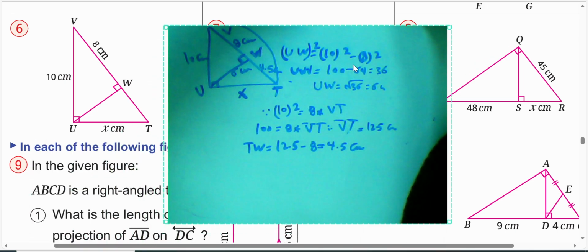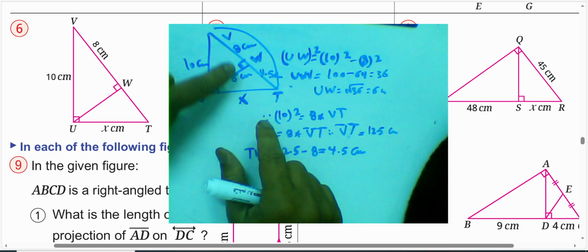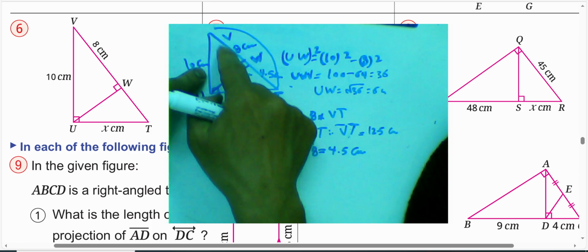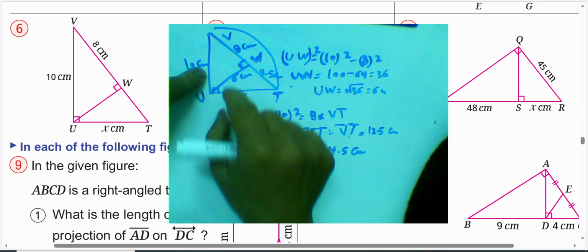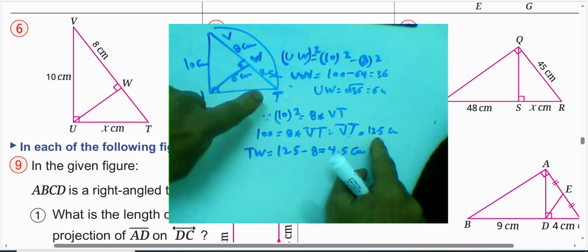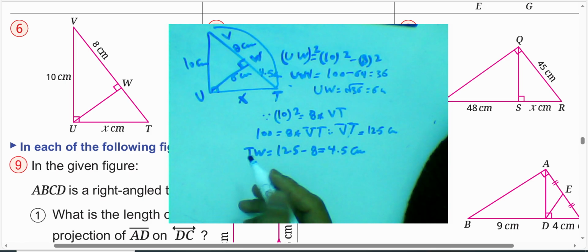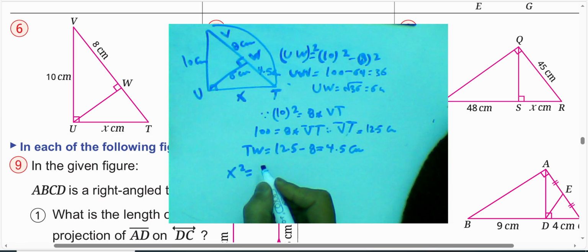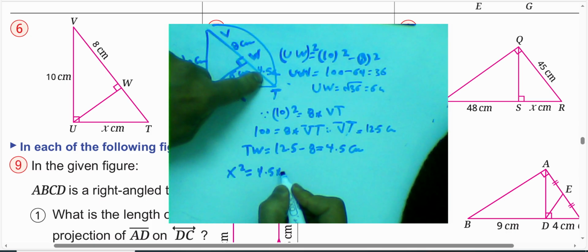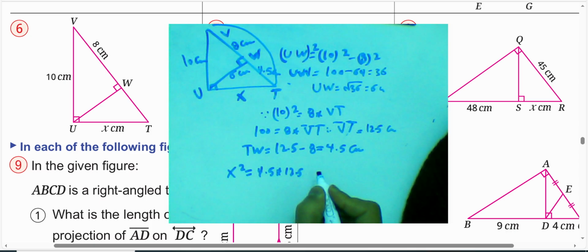You can see the answer again. Look, I will explain again. We have 10 power 2 equal 8 times VT. Then VT equal 10 power 2 divided by 8 equal 12.5. 12.5 subtract by 8 equal 4.5. Then we can find x from Euclid's theorem. We have x power 2 equal 4.5 product by the hypotenuse, 4.5 plus 8 equal 12.5.